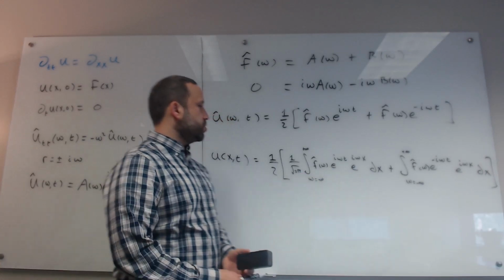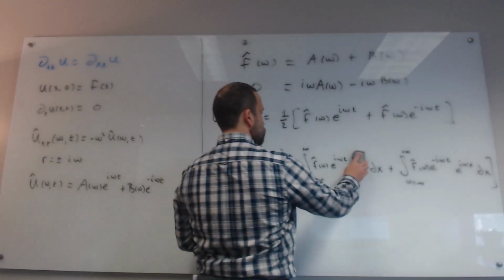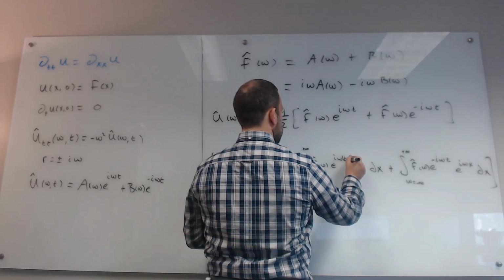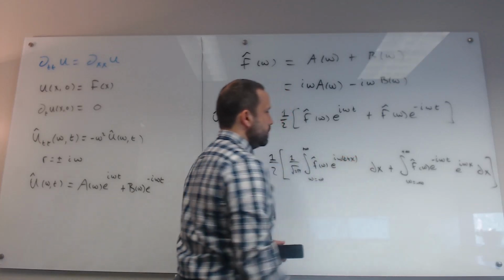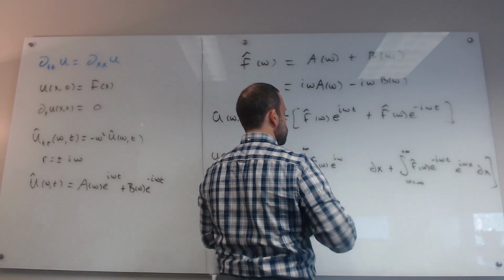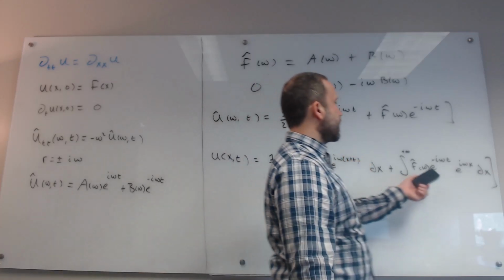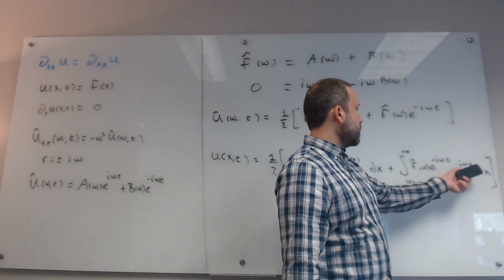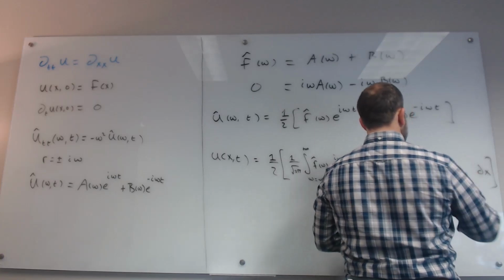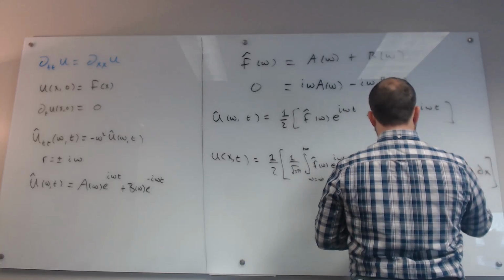I can combine this into one exponent, e to the i omega times x plus t. Similarly over here, I can combine this into one exponent, but it's going to be x minus t, so e to the i omega times x minus t.